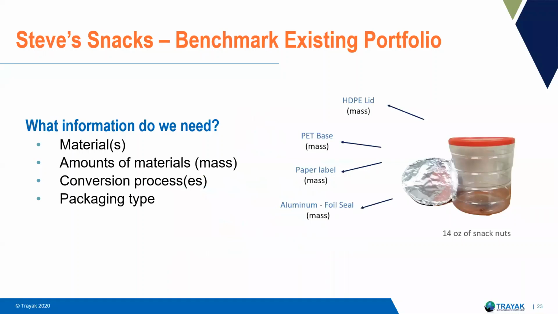So with that, what information do we really need? For the LCA through Compass, we need information that's typically going to be found on a spec sheet or listed in a BOM, a bill of materials. This consists of the mass of the packaging, the materials that are required, any processes, such as blow molding, injection molding, film extrusion, lamination, and then the packaging type.